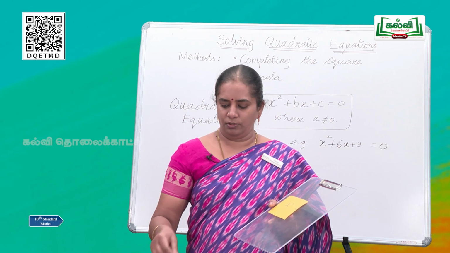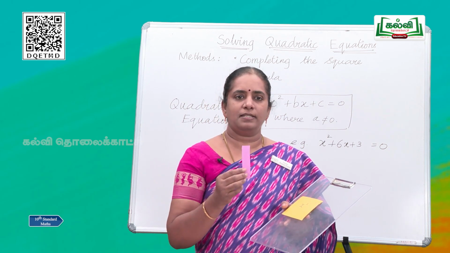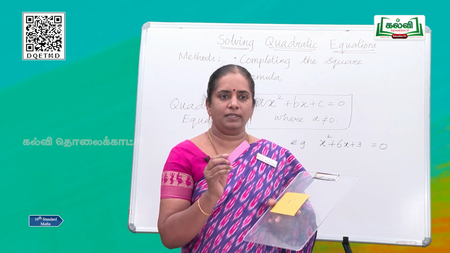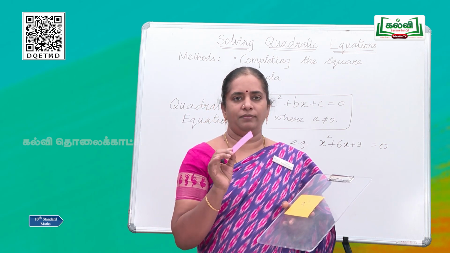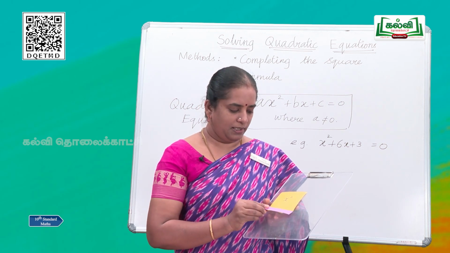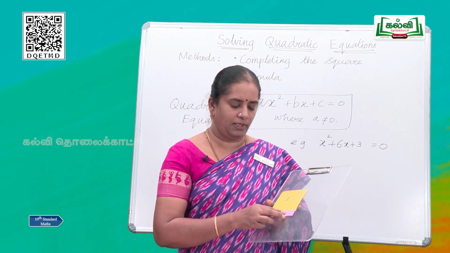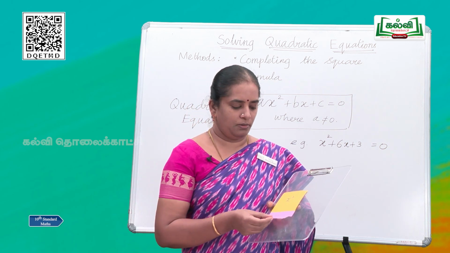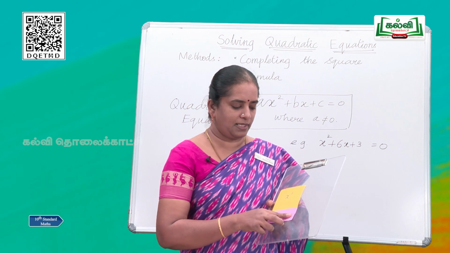So, we have to take 6 strips like this whose length is x and breadth is 1 unit. So, we have taken 6 rectangles whose length is x centimeter or x unit and breadth is 1 centimeter or 1 unit. So, I am going to arrange these 6x.